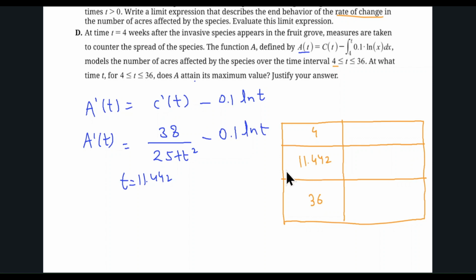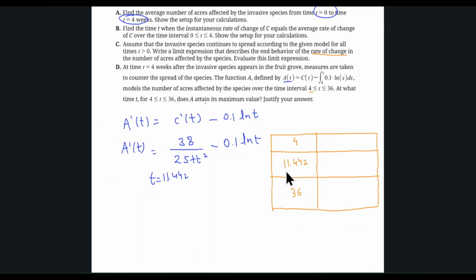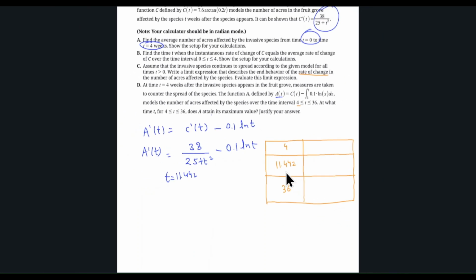I'm going to write C of t again so that I can type it in. Where is C of t? There you go. It's right here. So A of t is going to look like 7.6 tan inverse 0.2t minus the integral from 0 to t of 0.1 ln x dx. Let's type these in Desmos.